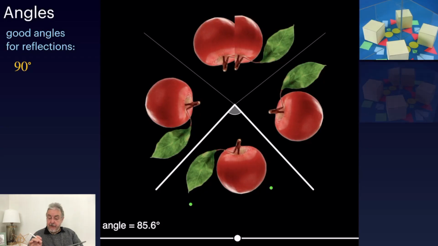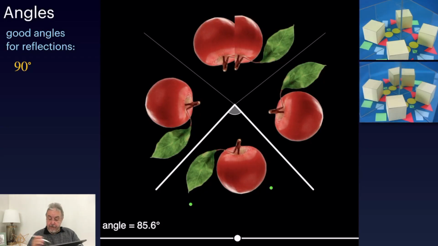And if you really do it in the real world, you get situations like what you see here in that picture. So the images that you see don't fit together nicely. So our 58.6 degrees that you see here is not a good angle for reflection.